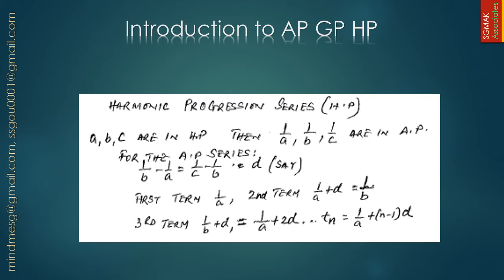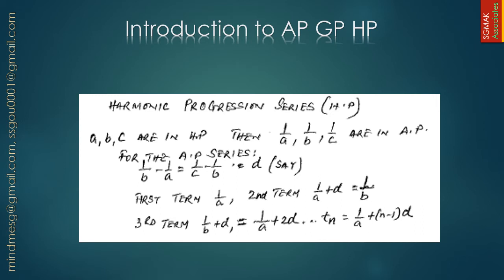So if A, B, and C are in HP, then 1 over A, 1 over B, and 1 over C are in AP, and everything stems from this relationship. You just manipulate an arithmetic progression and then find the corresponding information for the harmonic progression series. In this case, 1 over b minus 1 over a equals 1 over c minus 1 over b. Call it d.